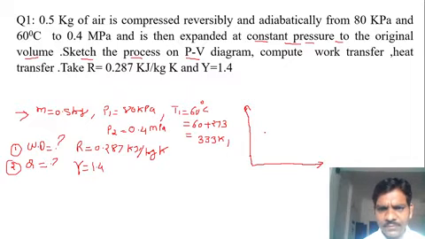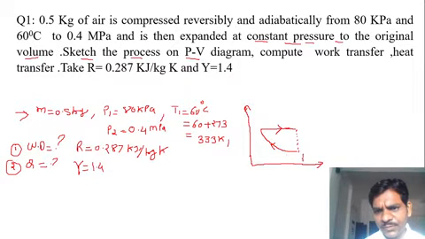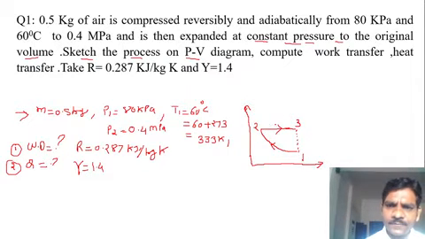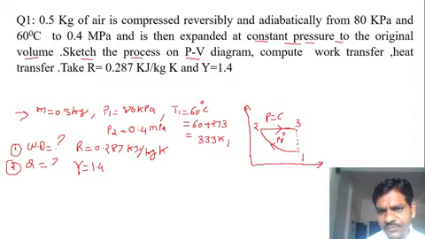So that's why the graph is in this way. This is the first process, this one. Then another, such type of graph will be there. Yes or no? Yes. Constant volume is up to this much. So this is point 1, this is point 2, and this is point 3. Yes or no? Yes. This is the constant pressure, P is equal to C, and this is which process? Adiabatic process, PV to the power gamma is equal to C, like that.